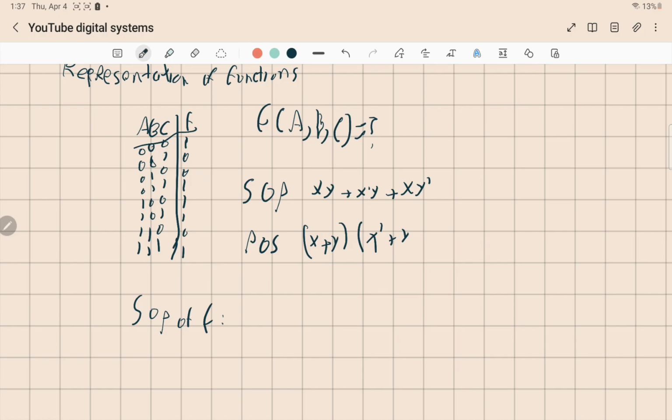By the way, sum of products is something you have to know. SOP is when f is 1. POS is when f is 0.